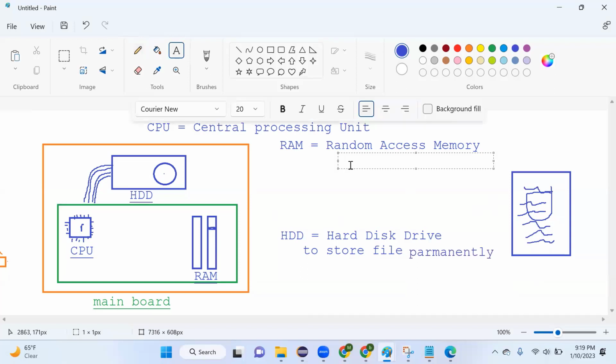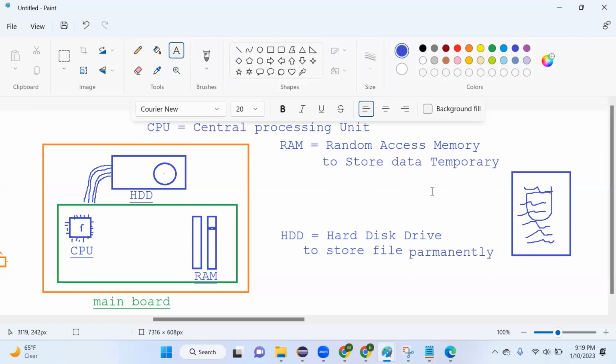RAM is temporary, to store temporary data. Memory, RAM, always stores data temporarily.